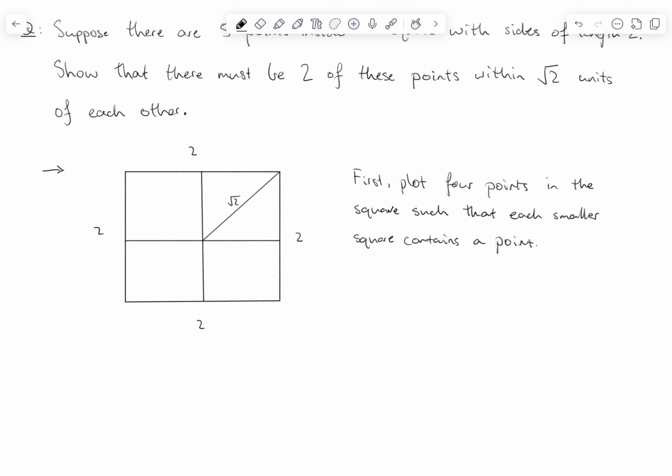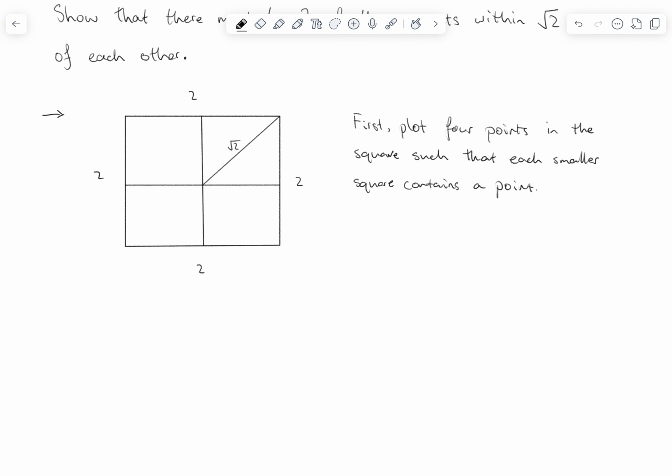We're actually relying on a principle here called the pigeonhole principle.